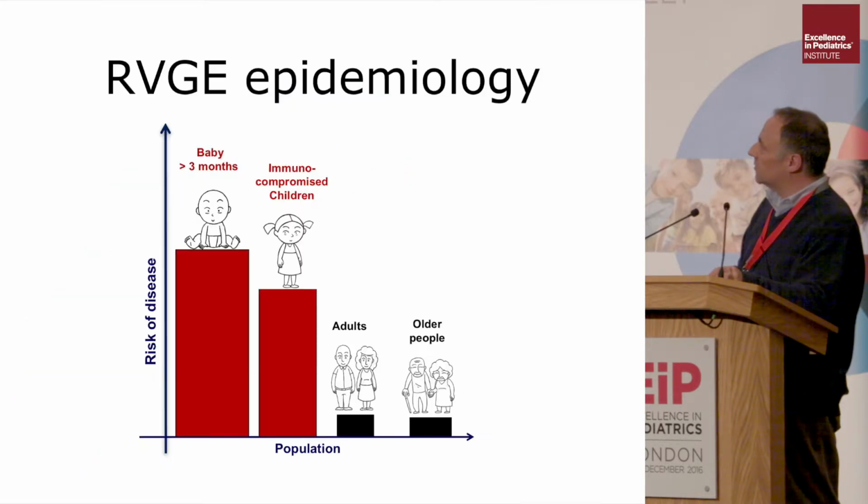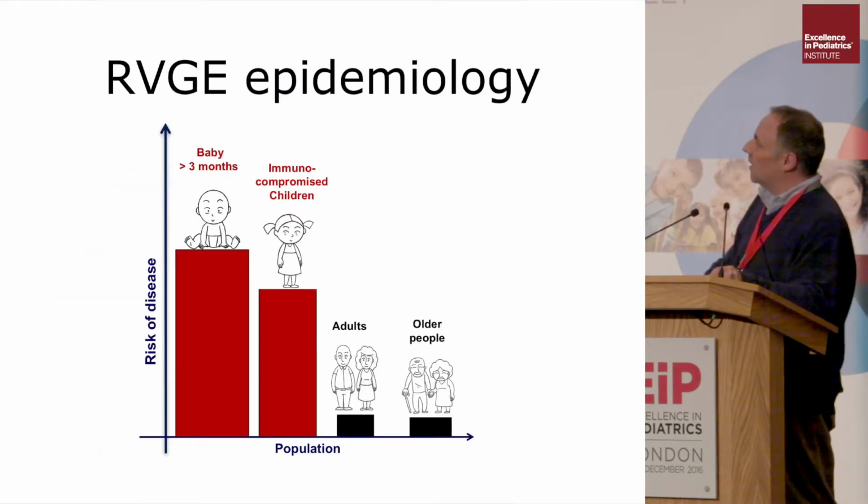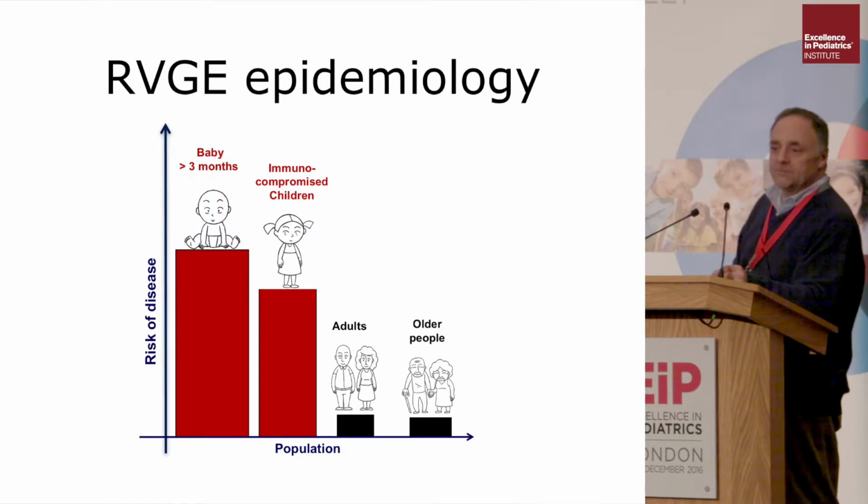A little bit about the rotavirus epidemiology. The risk of disease that will bring a child to the hospital or worse is of course bigger when the baby is less than 3 months or when the patient is immunocompromised.